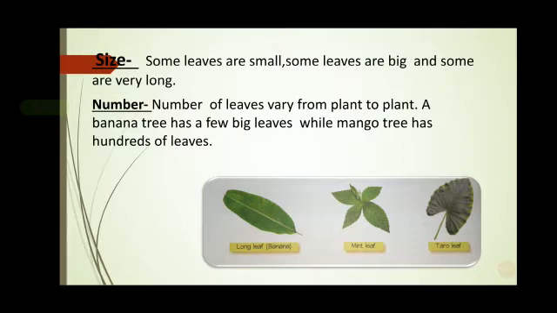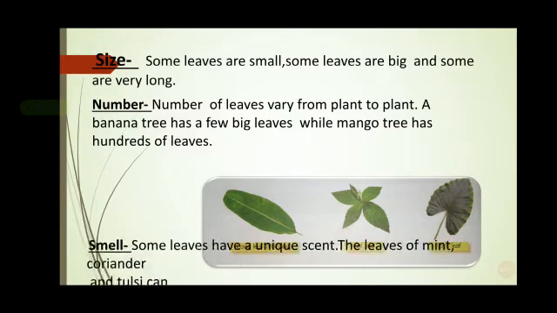Means it can also be different in numbers. As an example, a banana tree has few leaves in comparison to the mango tree, because a mango tree has hundreds of leaves. So it also varies from plant to plant.